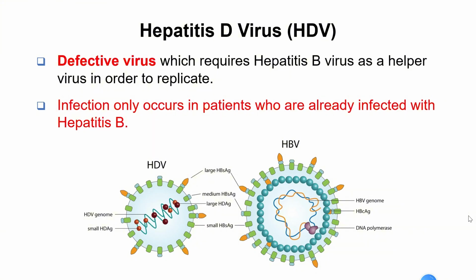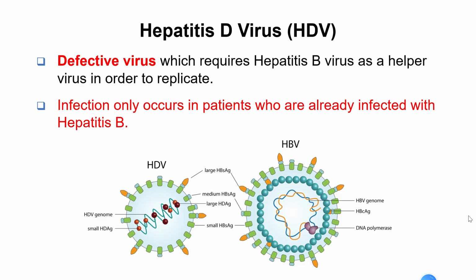I guess you remember the definition of defective virus. Defective virus means that they themselves cannot replicate by themselves. They need a helper virus. This helper virus can be a relative or closely related virus or something not related.